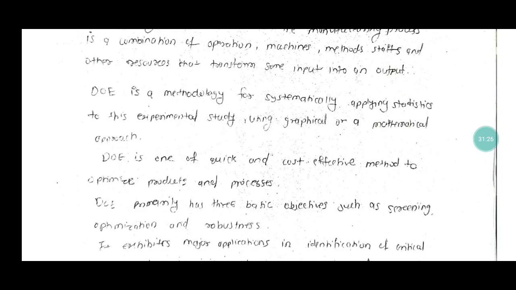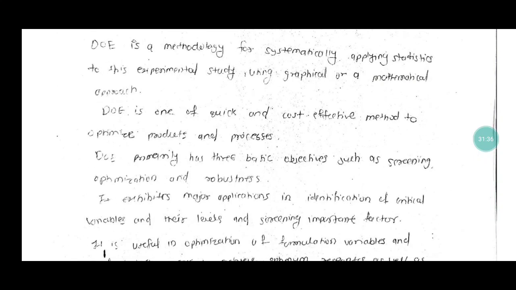So DOE is a methodology for systematically applying statistics to these experimental studies using a graphical or a mathematical approach. So DOE is one of the quick and cost effective methods to optimize the product and processes.